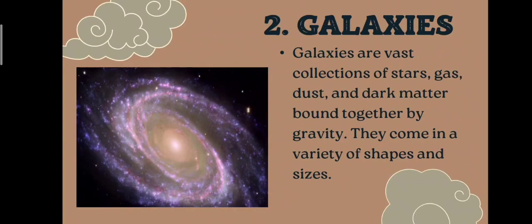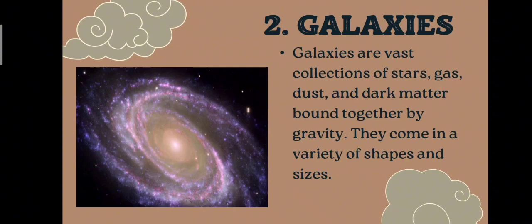Number 2, we have also galaxies. Galaxies are vast collections of stars, gas, dust, and dark matter, bound together by gravity. They come in a variety of shapes and sizes.